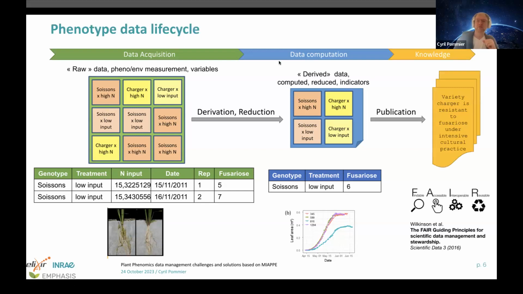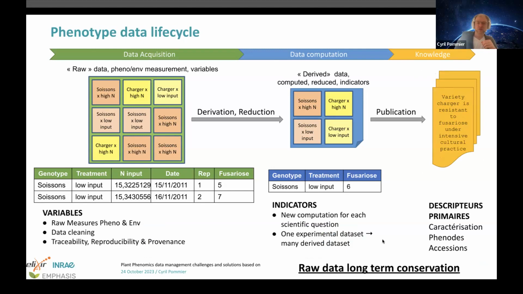This allows us, from those derived data, to extract knowledge, which then gets published. This knowledge is, for instance, that a variety shows resistance to fusarium under intensive cultural practices. And what we can see is that the last one, the knowledge part, is the one that gets mostly published.